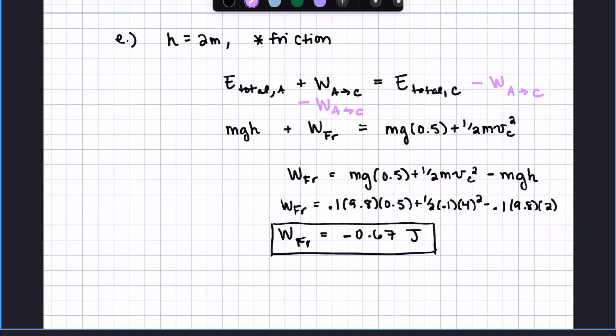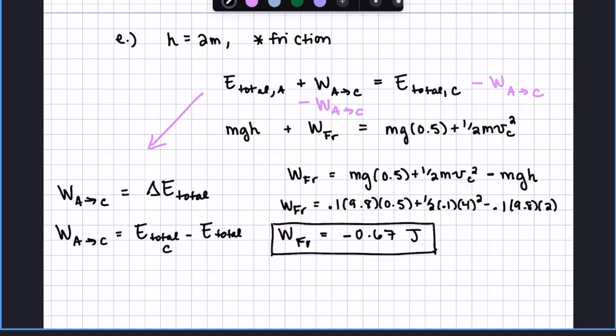And then the way we have it written on the equation sheet is that the work from A to C is equal to the change in total energy, where that change would be your E total at C minus your E total at A. So that would be even a third way. Technically it's on that equation sheet, but maybe not super explicit.